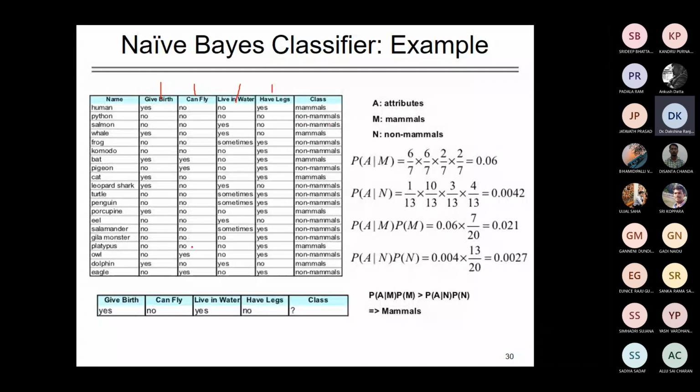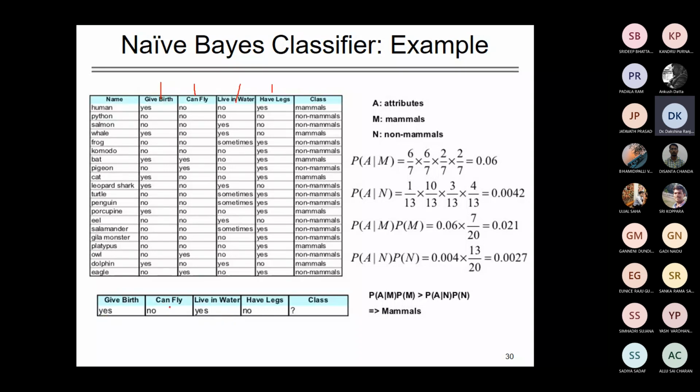Now there is a query. Say here we have to predict whether this query corresponds to a mammal or non-mammal. So this is the query that has been given to us. For the first attribute, the value is yes.